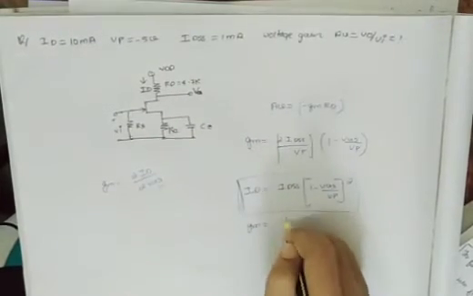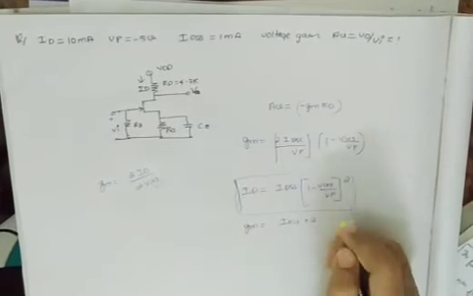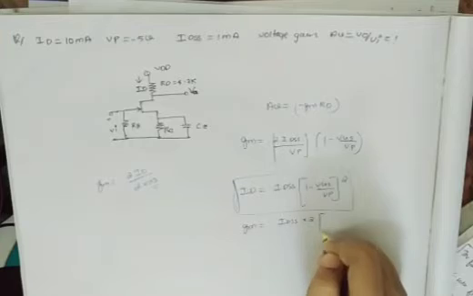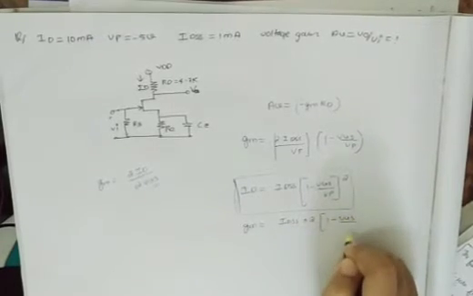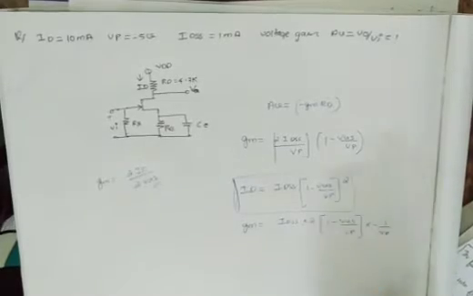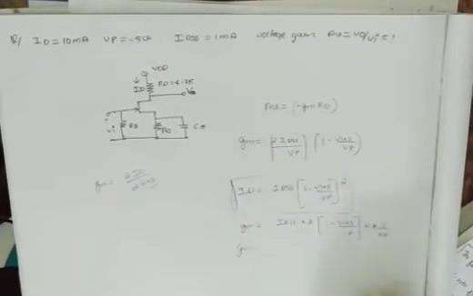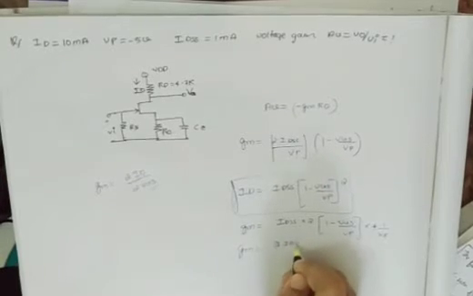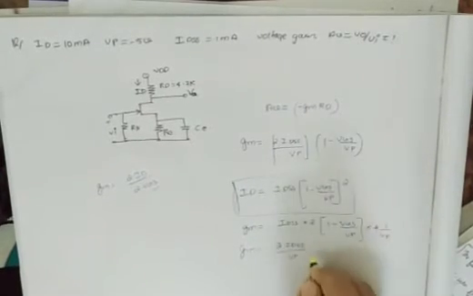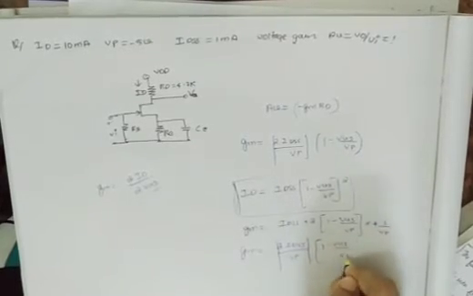Gm equal to IDSS into 2 into (1 minus VGS divided by Vp) into minus 1 divided by Vp. Just that we are not going to take this minus. So we will get Gm is equal to 2 IDSS divided by Vp into (1 minus VGS divided by Vp).